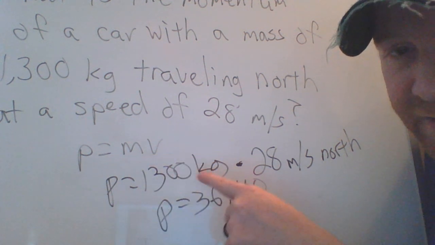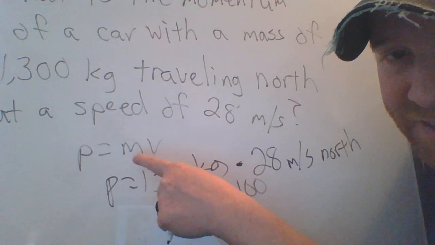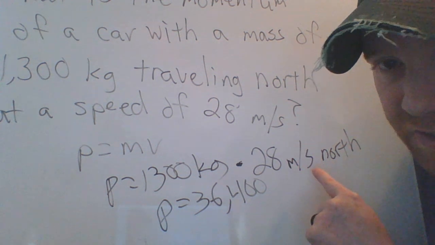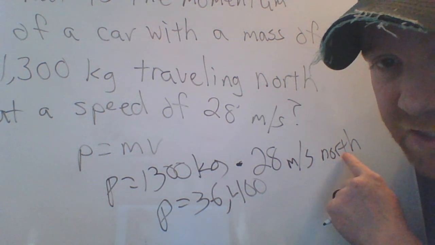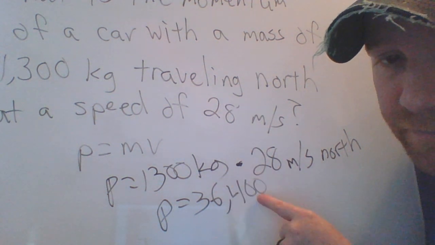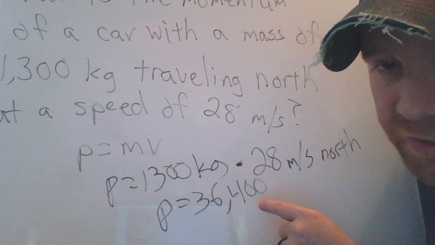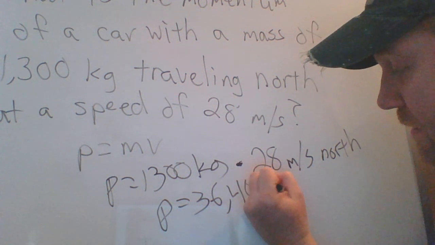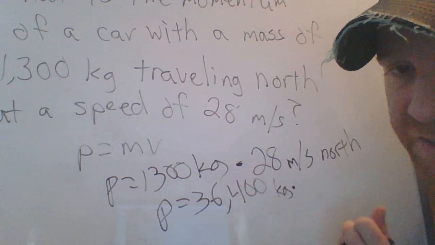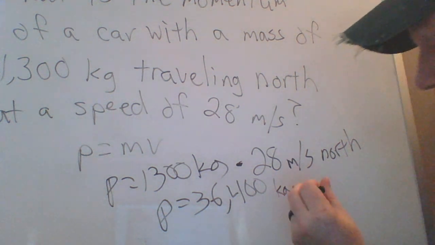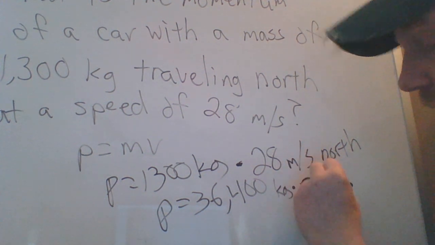It's going to be kilograms, which is your mass, times your velocity, which is a unit of speed plus direction. The momentum for this car is 36,400 kilograms times, there it is, meters per second north.